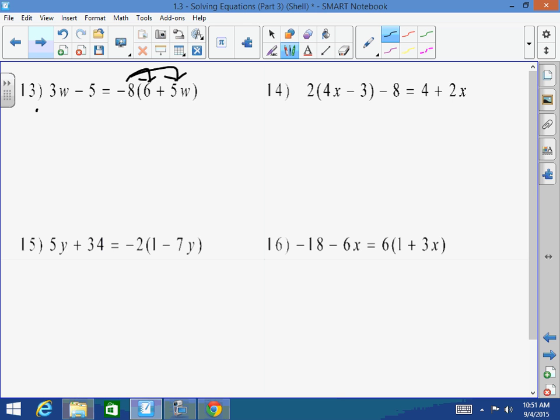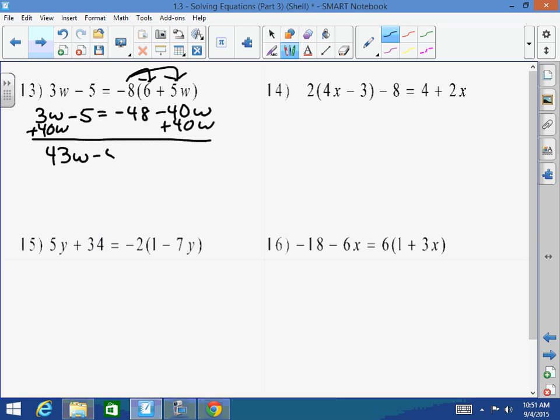Very good. You distribute first. So I've got 3w minus 5 equals negative 48 minus 40w. Okay, continue, my brother. He's going to add that 40w to the other side to combine them on one side.